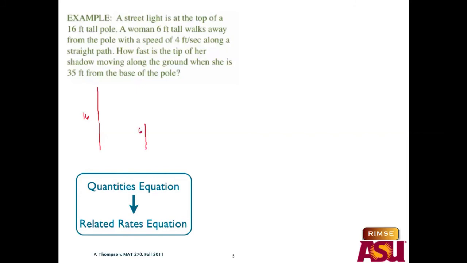Now, in terms of her shadow, how fast is the tip of her shadow moving along the ground? The street light shines light from up here in all directions, but the tip of her shadow is going to be the straight line that follows from the street light past her head down to the ground.